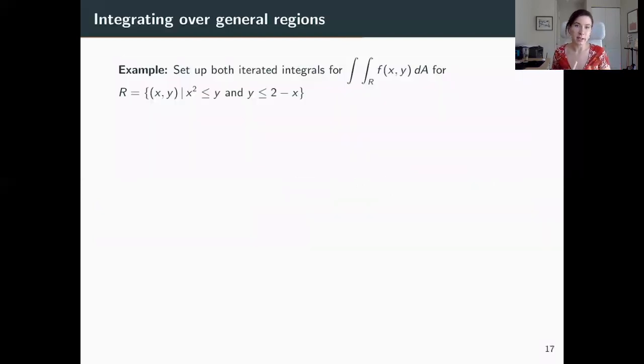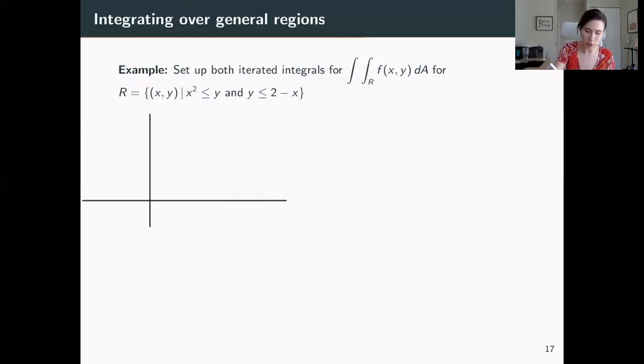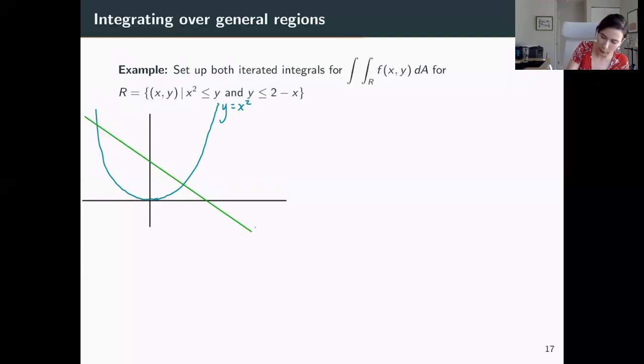This example is very similar, but the setup is going to be a lot more challenging. Here, we're setting things up, starting off with our curve. We have y equal to x squared, which I can draw as follows. So here's my y equal to x squared. And I also have my line given by 2 minus x, which we can draw here. So here's y equal to 2 minus x.